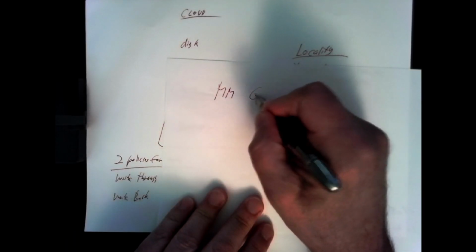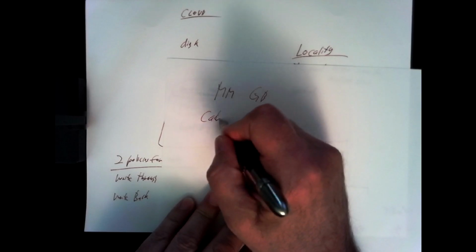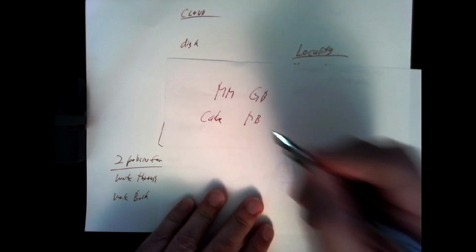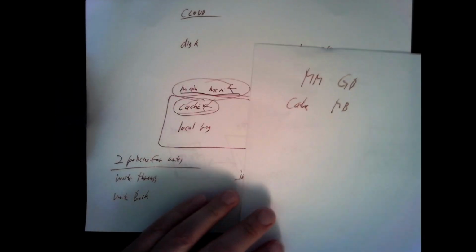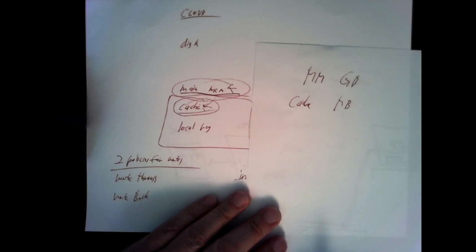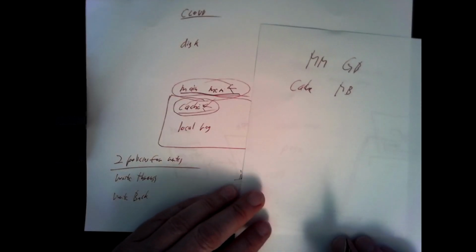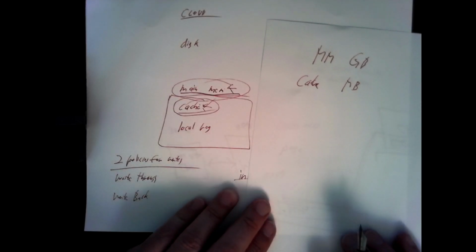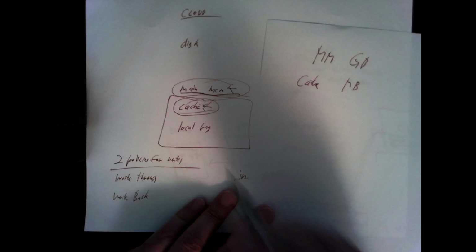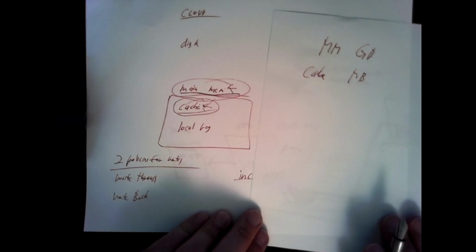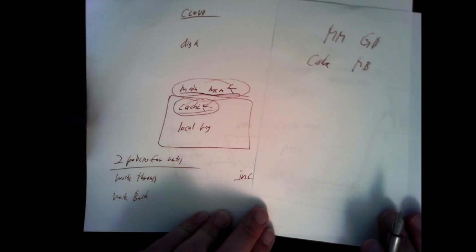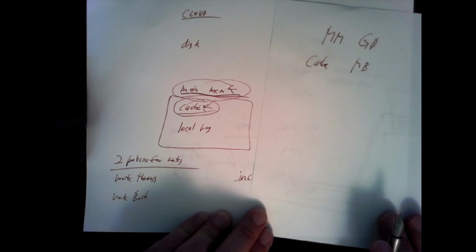So, main memory might be gigabytes. A big cache might be megabytes. We can't store the entire main memory in the cache. If we could, we wouldn't need a cache, we'd just put the main memory on the chip. So eventually, if we keep fetching more and more things, this cache becomes full. And so when we need to get more space in the cache, we need to get rid of something.